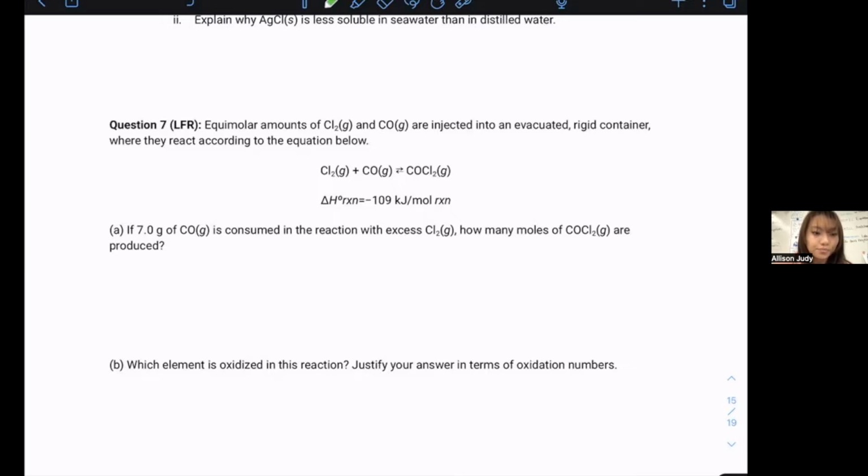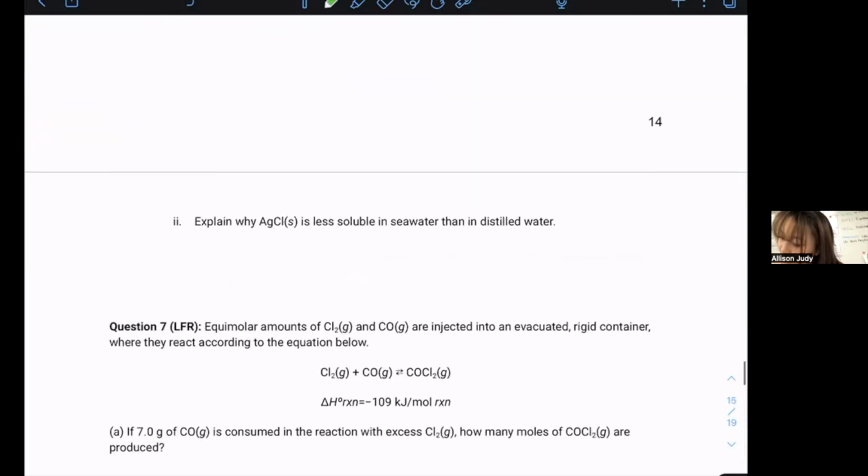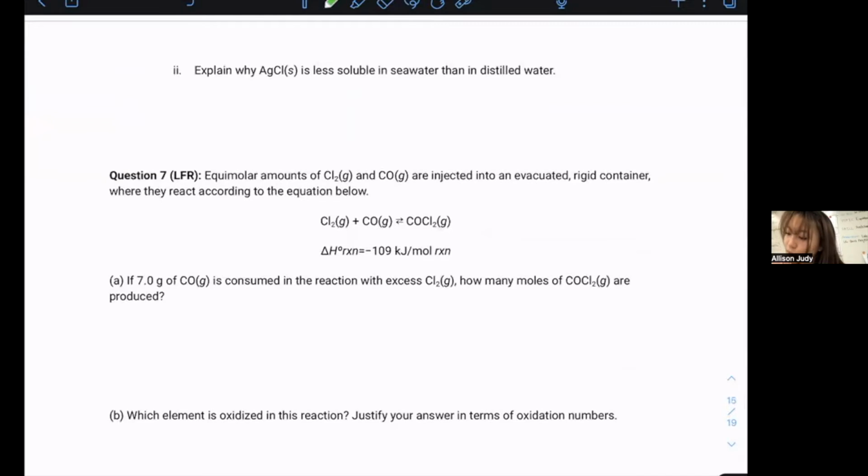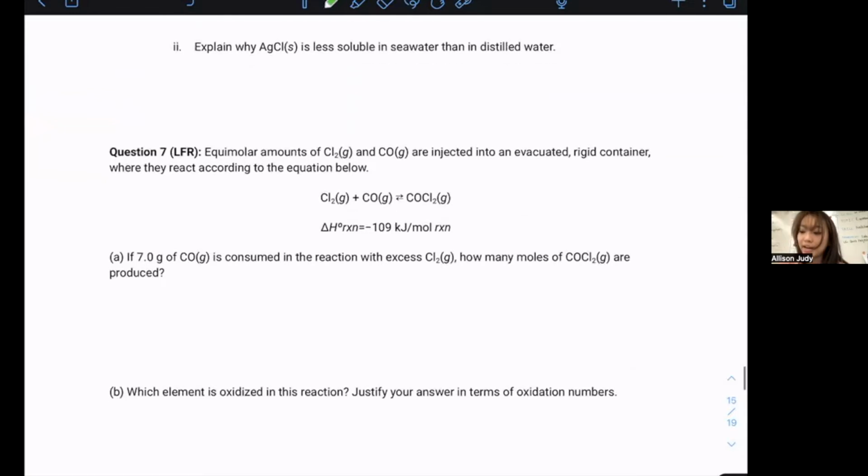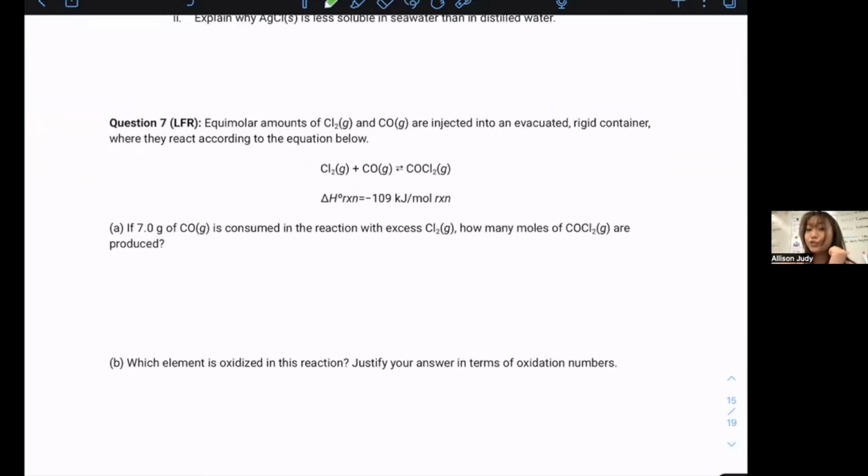So what we have here is some reaction between diatomic chlorine and carbon monoxide gas, and we definitely have a reversible equilibrium reaction, okay? And we even have, by the way, its standard state reaction enthalpy value, which is a connection to unit 6.